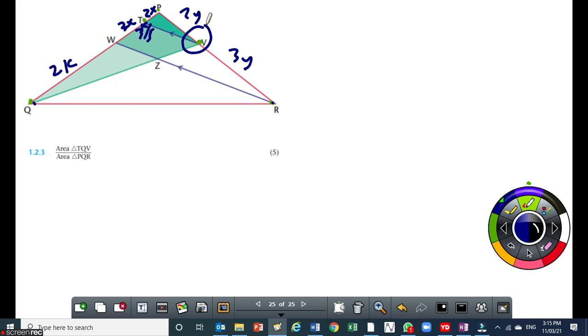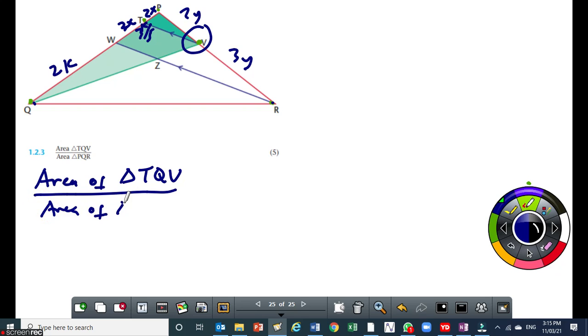So this is what you do now. I'm going to write it in full for you so that you can understand. It will be area of triangle TQB over area of triangle PQR is equal to. Now here you have to use a mathematical technique such that when you multiply the areas, you come up with this.